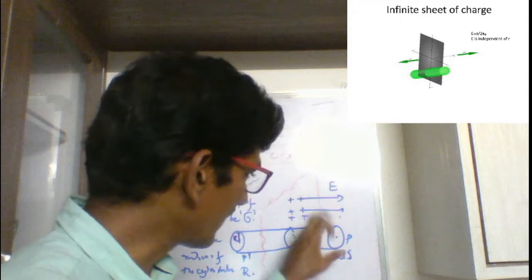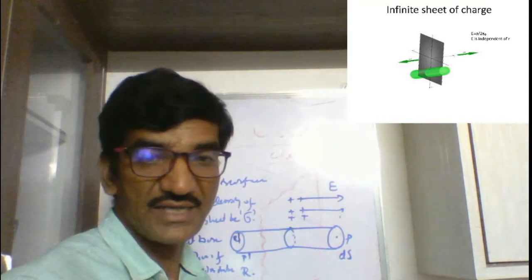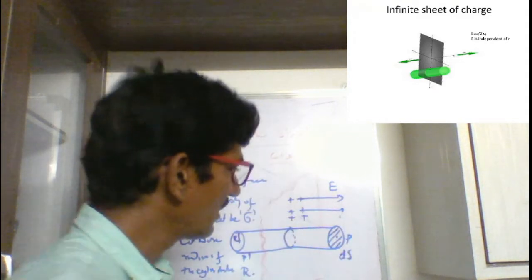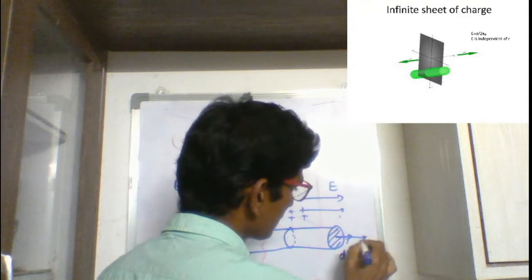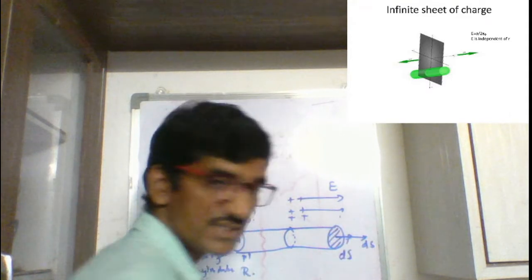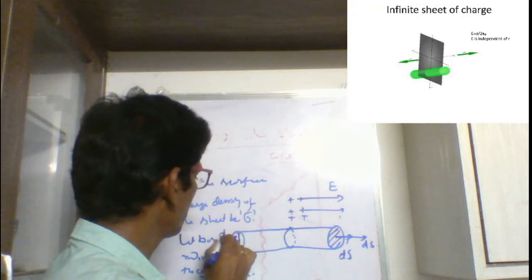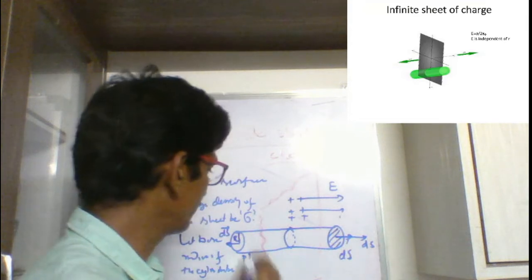This patch is dS. This is also dS. What is dS? This portion. Now, what will be the direction of dS here? This is the direction of the dS vector. Here also, this is the direction of the dS vector.